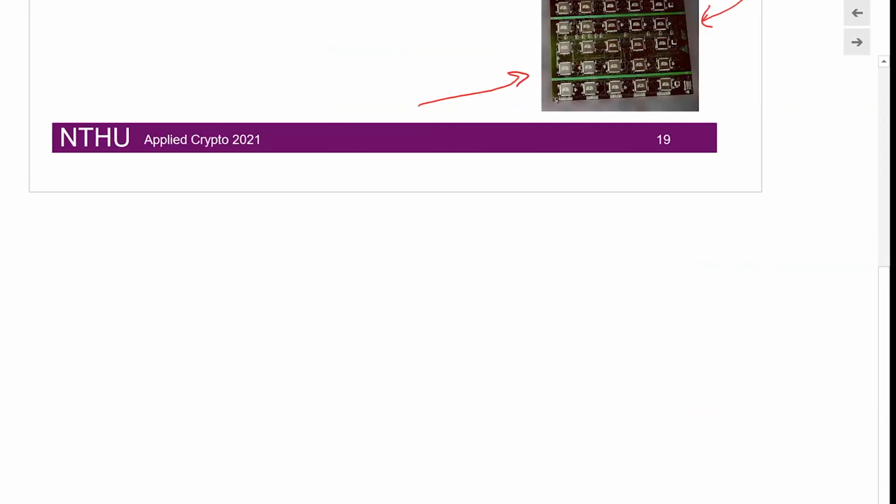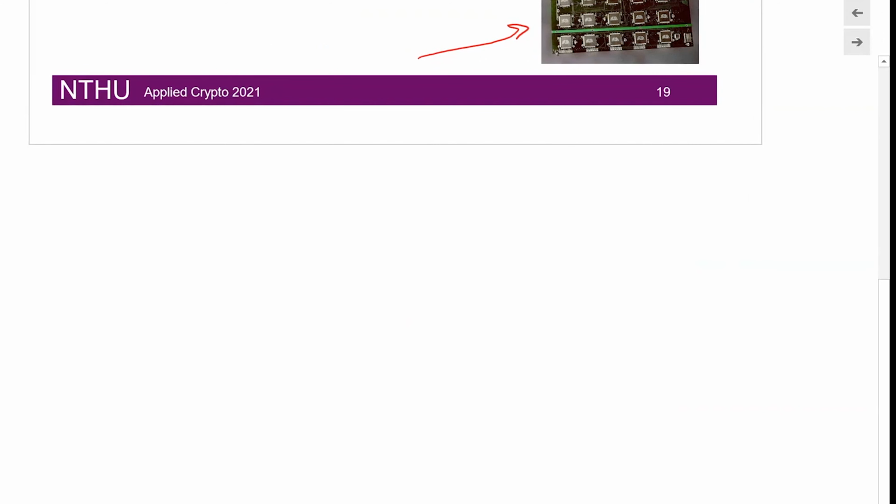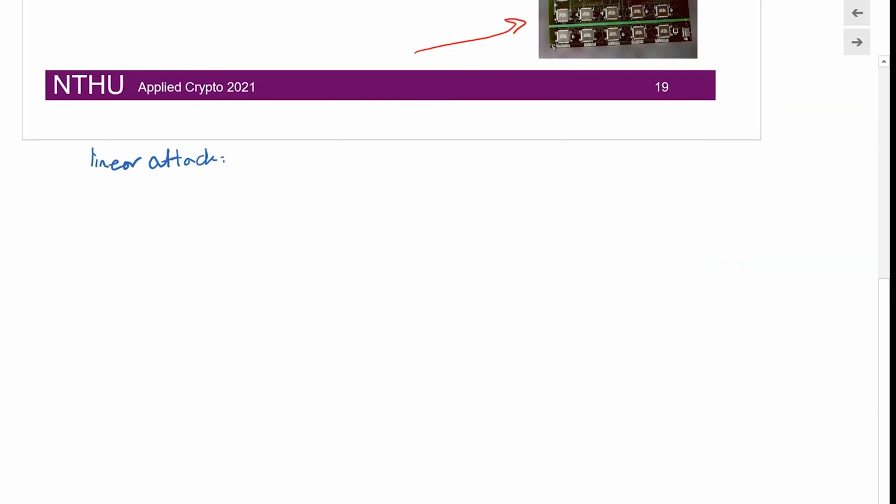So in the linear attack, let's define what it is and discuss it a little bit. The goal of this attack is to find some sort of linear relationship between the key, message, and the ciphertext.